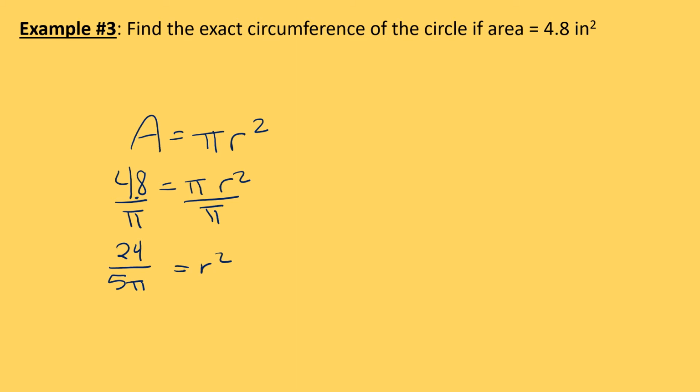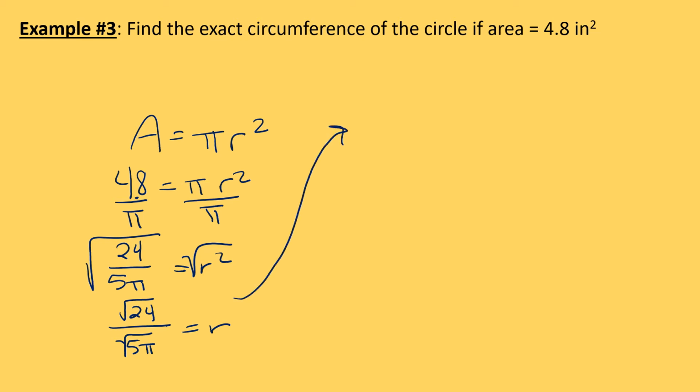I have r squared, and in order to undo the power of 2, I'm going to take the square root of the problem. So square root of both sides leaves me with the square root of 24 over the square root of 5 pi, and that equals my radius. I can simplify the square root of 24. The square root of 24 is the square root of 4 times 6.